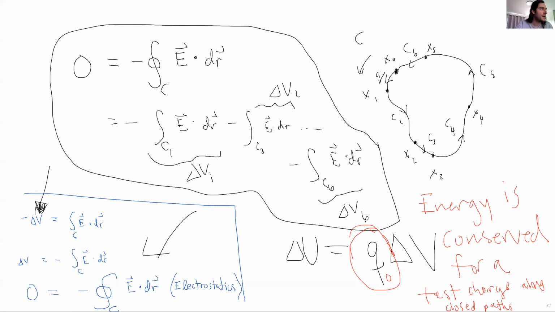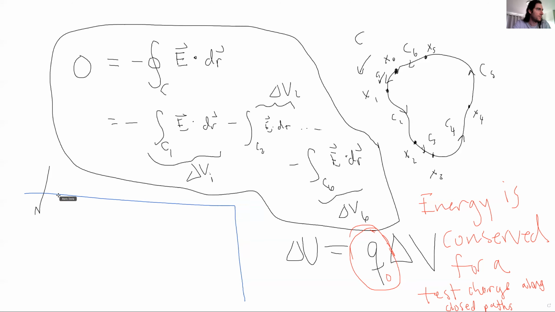Now let's phrase it in terms of the electric potential. We oftentimes refer to electric potentials as voltages. And so you can see on the left-hand side here, up to a minus sign, we have a summation of potential differences.